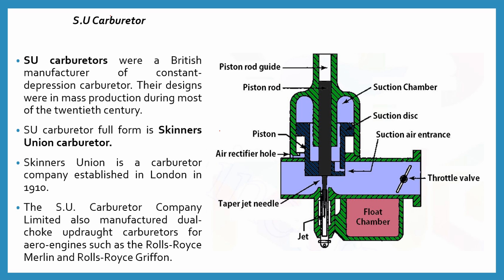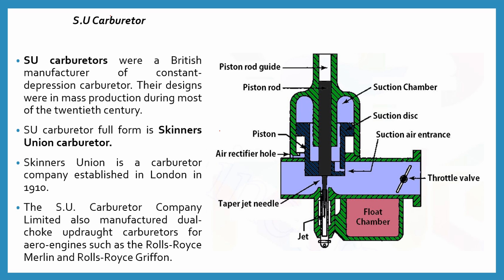The SU or Skinner's Union Carburetor Company Limited also manufactured dual choke upgraded carburetors for aero engines such as the Rolls-Royce Merlin and the Rolls-Royce Griffon. So these are the applications of this SU carburetor.